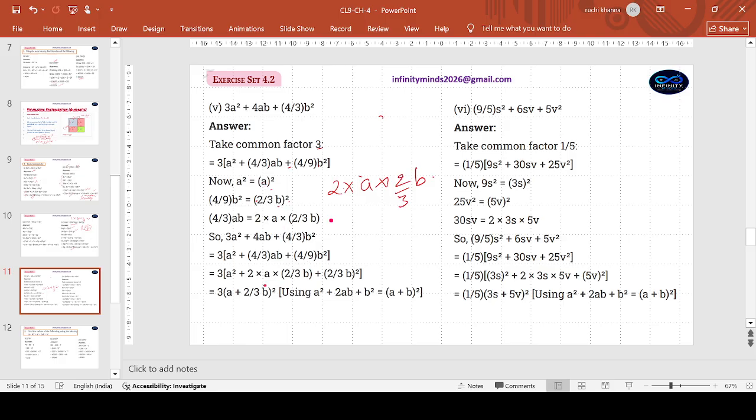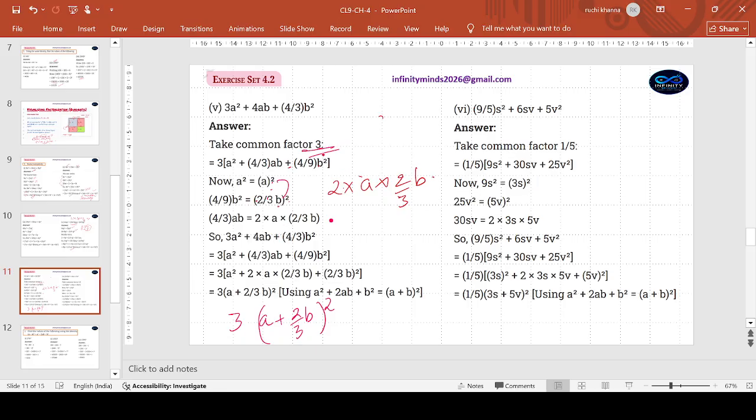A plus 2 by 3 b will come for these two. Remember 3 was already outside. A will come from here, 2 by 3 b will come from here. This will be the whole square like this. You first have to take common.